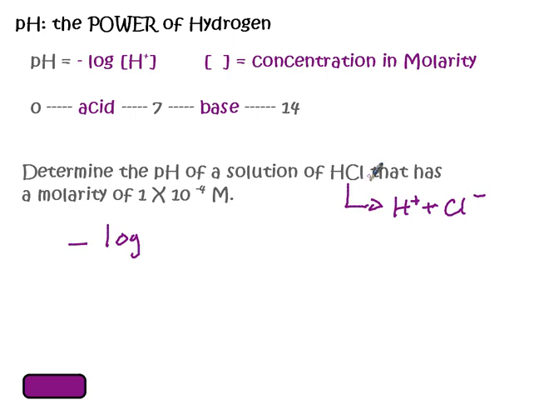We saw in another video that HCl, hydrochloric acid, is a strong acid. So every one of these that I have in solution turns into a hydrogen ion and a chloride ion. So whatever the concentration is of HCl in my solution, that's going to be the concentration of my hydrogen ions in solution. So the concentration of hydrogen ions in this solution is 1 times 10 to the minus 4th.